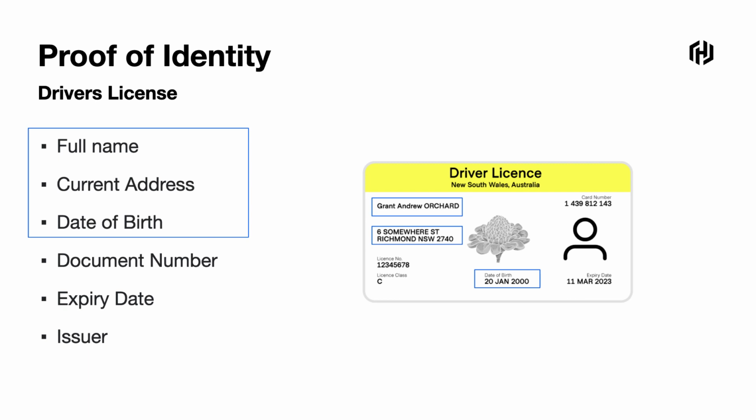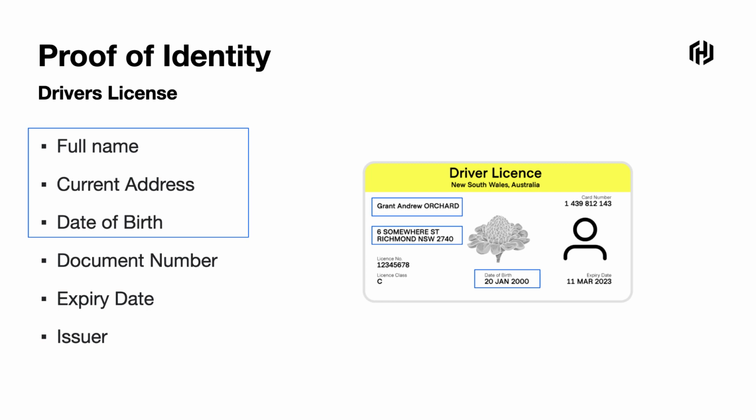So how many Grant Andrew Orchards are there who live at 6 Somewhere Street in Richmond, New South Wales, who also have the date of birth of 20th of January 2000? Chances are there's none, right? It's only going to be one. Whereas if you just queried my address or my name or my date of birth, you're going to get multiple hits across the board. So it's the combination of unique things about me that we're checking out here.